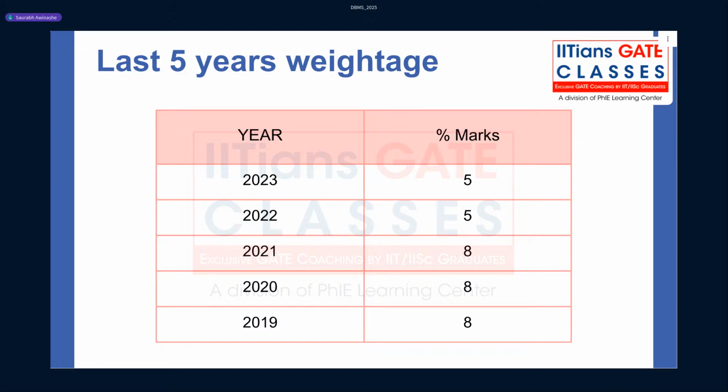So roughly we can expect around 6 to 8% of your marks from this particular subject. And this is not a small number considering the total number of subjects we have when we are preparing for GATE. So what we have to do is focus on this subject.